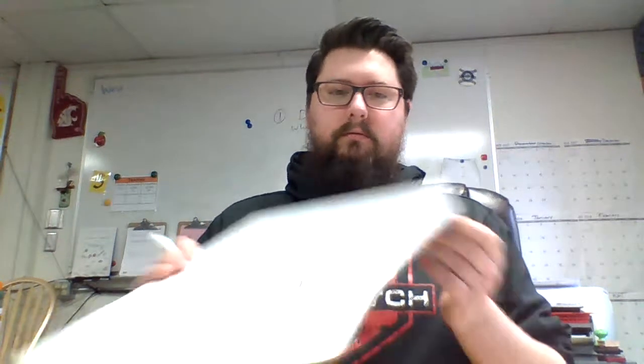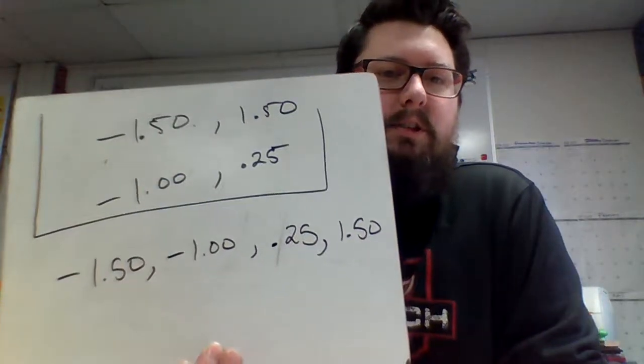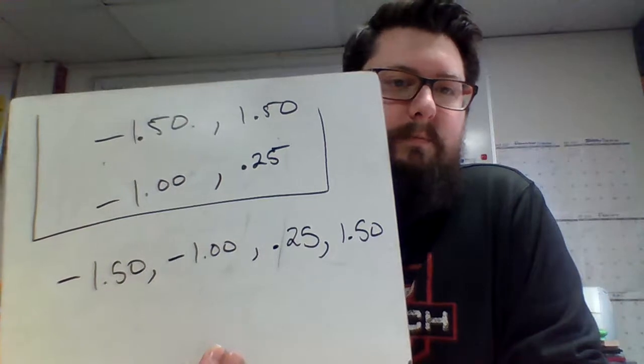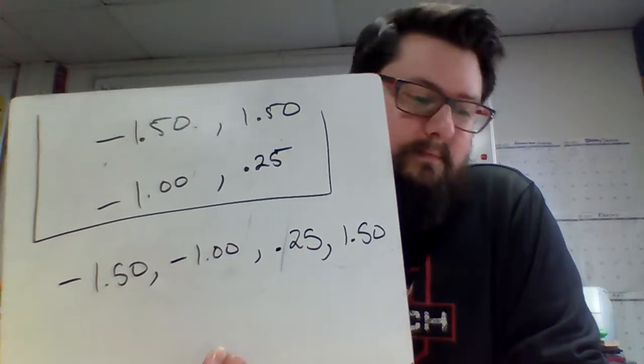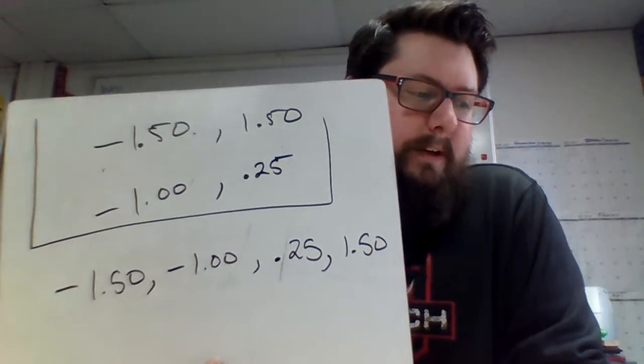And then we can just put them in order from there. Well, the next negative number will be the next least. And going into the positives, well, we just got to figure out which one's bigger, 1.5 or 0.25. Hopefully you recognize that it's 0.25 and listed that third, and 1.50 as the greatest number. So your list should look just like that in that order on the bottom, not the top. The top was where I just wrote them down.